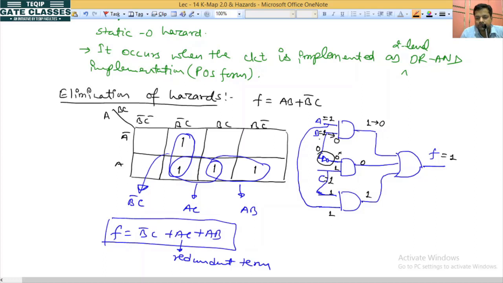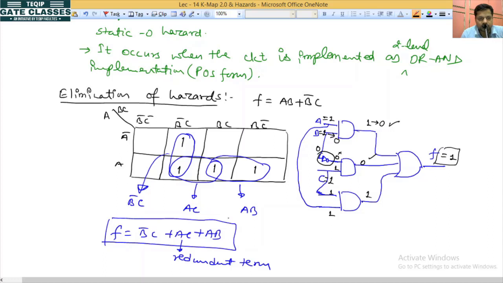Now we are changing the value of B only, so the output is always 1. From these two we have 0, but with this redundant term we get output always 1. It will not affect the output. So this is our solution for hazard.